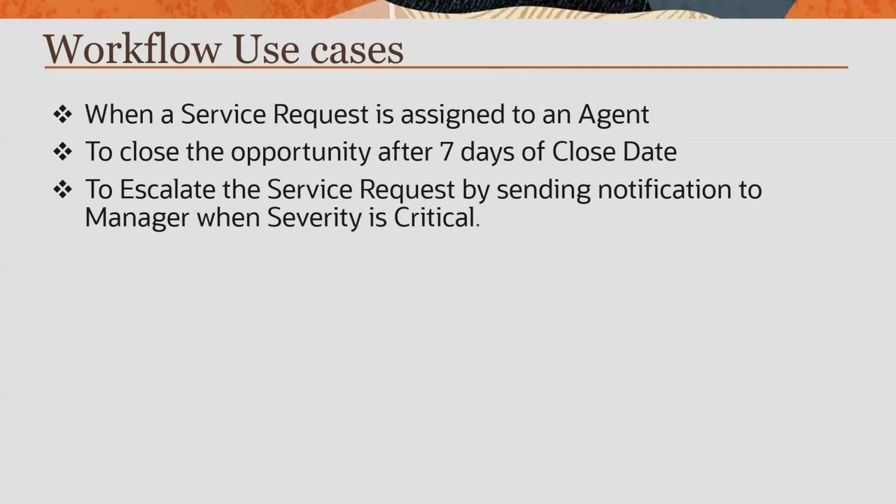Once that is reached, and then after 7 days of close date, we can close this opportunity automatically. We can write a workflow and schedule that to trigger after 7 days of close date. And then in actions we can specify opportunity status should be closed.